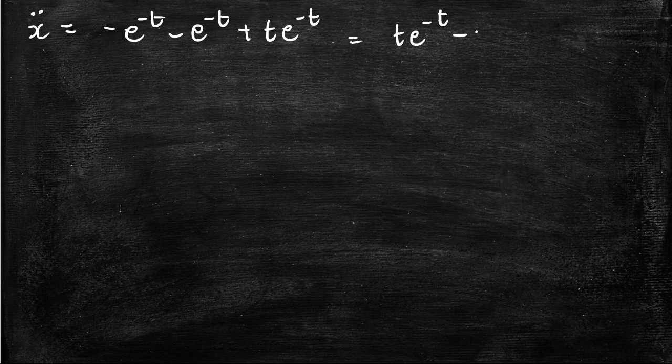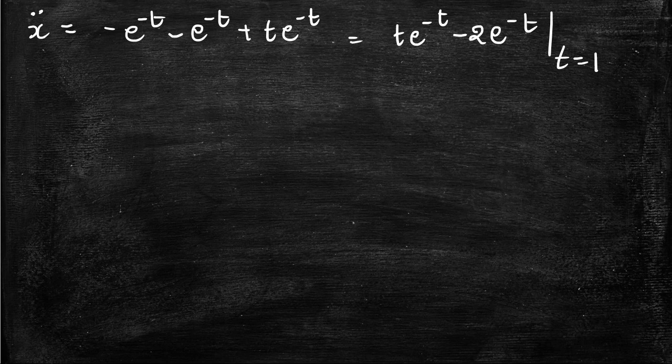Now we'll have to find x double dot. So on doing that, you will be getting e power minus t minus e power minus t plus t e power minus t, which will be t e power minus t minus 2 e power minus t, and you'll have to find this at t is equal to 1, because t is equal to 1 is the equilibrium point over here. If you haven't seen the classical mechanics video, please just have a look at the first video, stability analysis. You'll get an idea of what x dot and x double dot are.